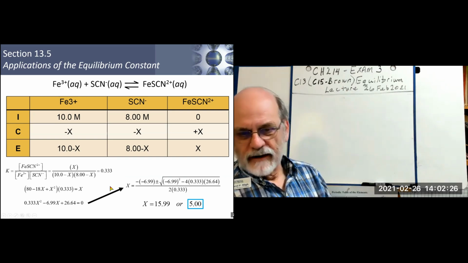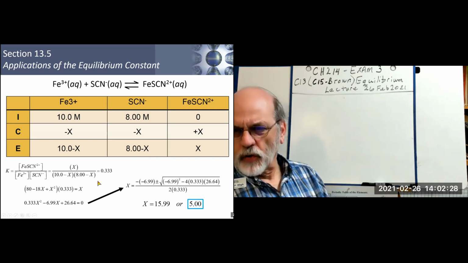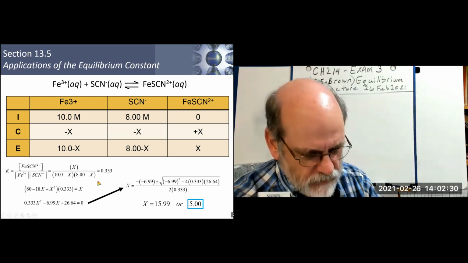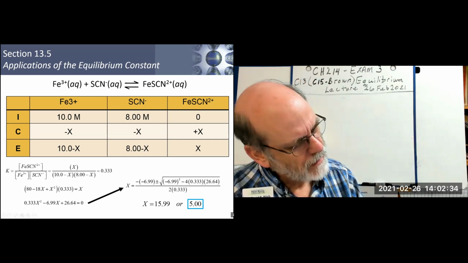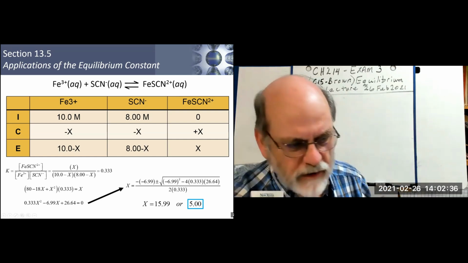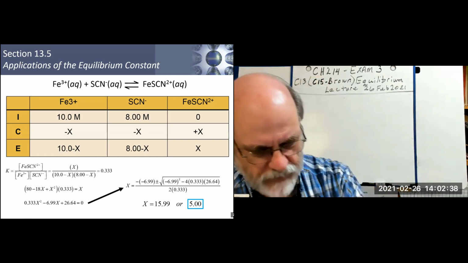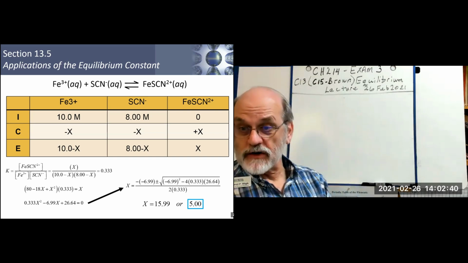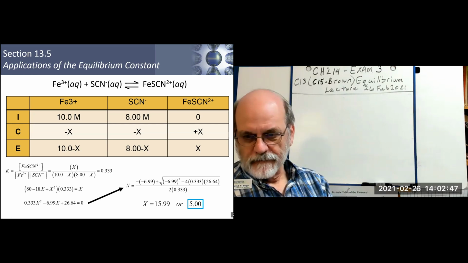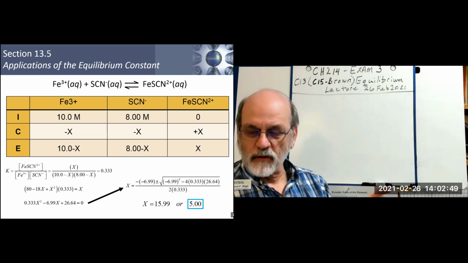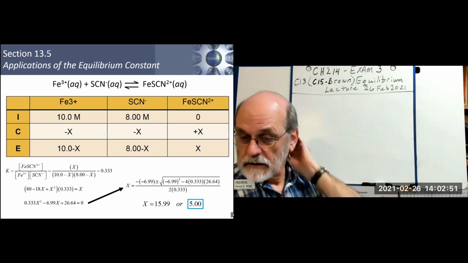Okay? Now, there's a shortcut that can be used when the solution of a quadratic equation would be difficult. Now, when can we use the shortcut and when do we have to use the quadratic?